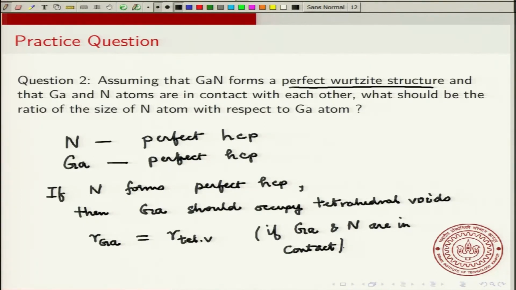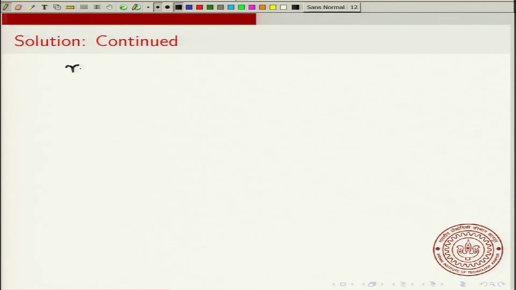Now, the radius of the tetrahedral void in HCP, in terms of the lattice parameter a, is equal to the radius of the tetrahedral void in CCP.